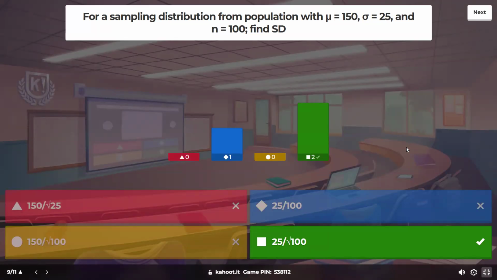Okay. Yeah, so standard deviation divided by the square root of n. So 25 divided by the square root of 100. That's this one down here.